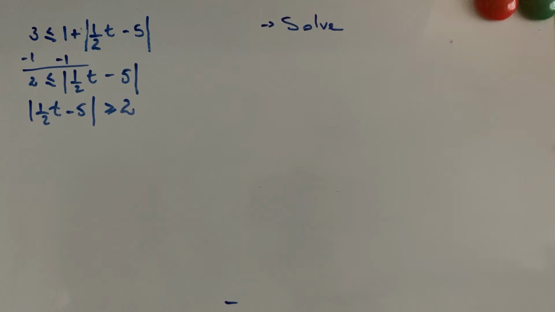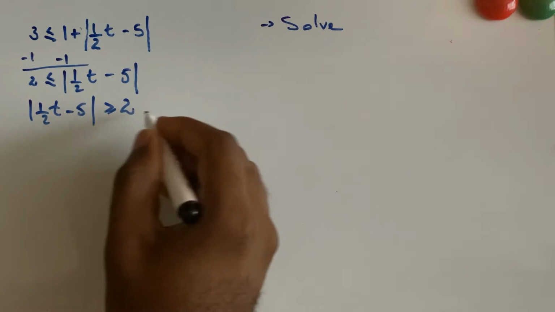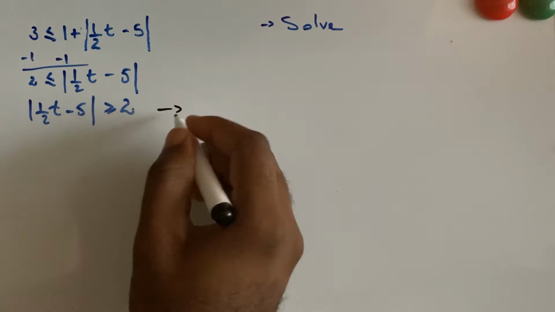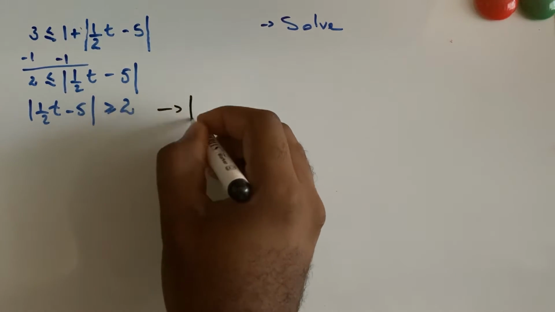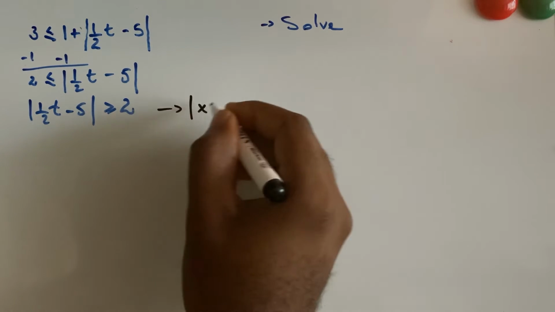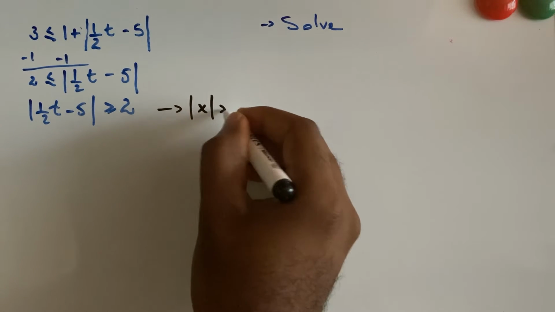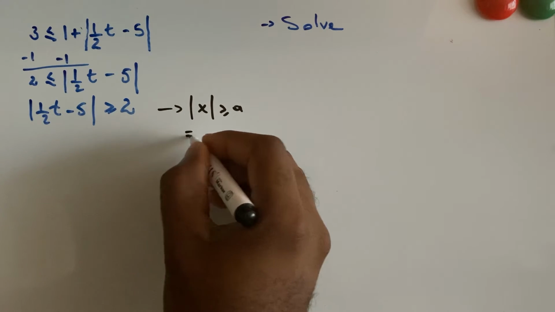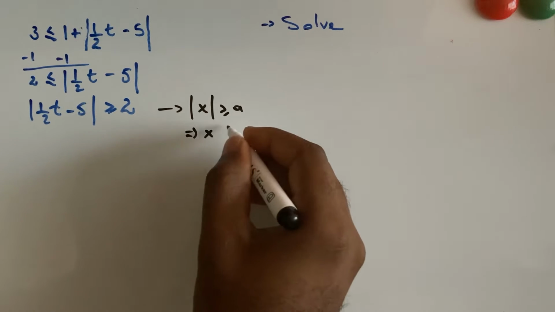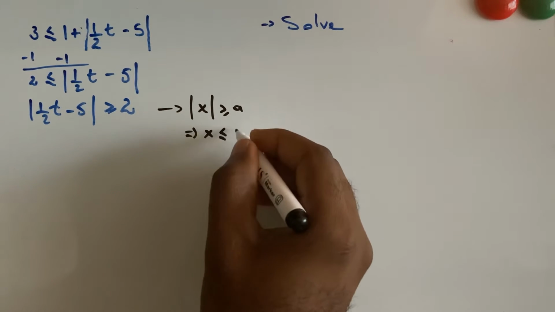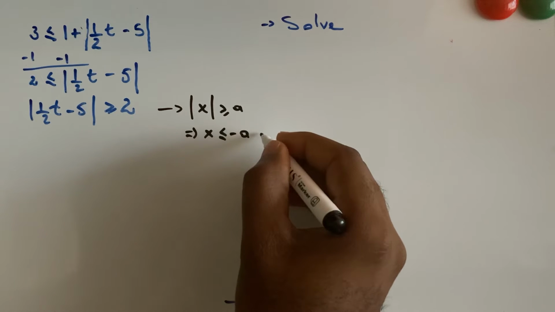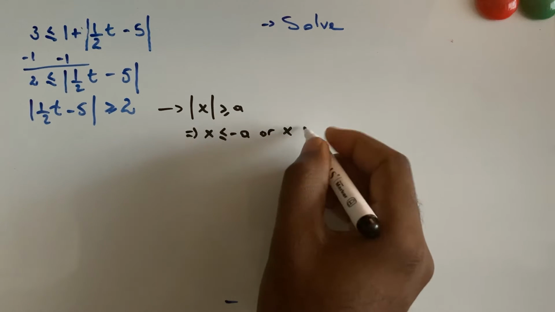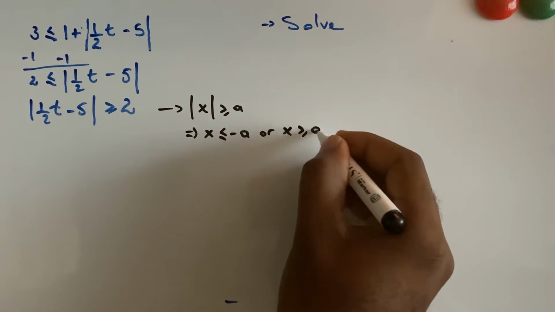All right, so from here we use the rule. And what's the rule? I'm going to put it here on the right. If you have absolute value of x greater than or equal to a, for example, what it means is that you have x less than or equal to negative a, or x greater than or equal to positive a.